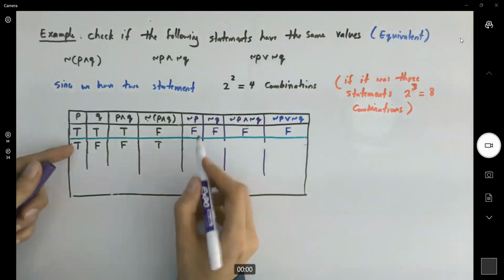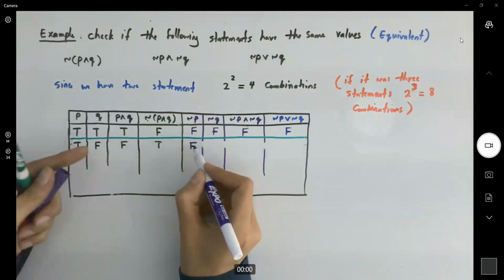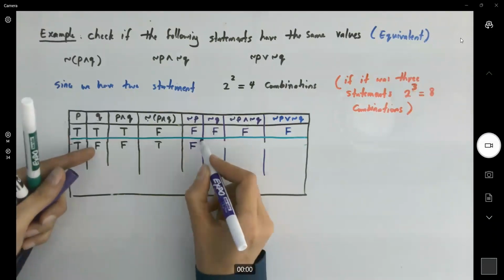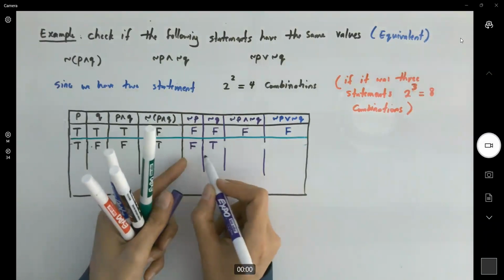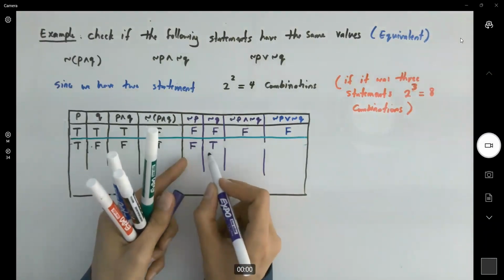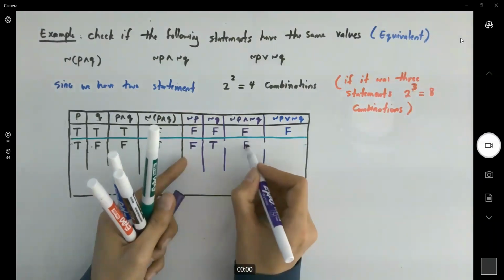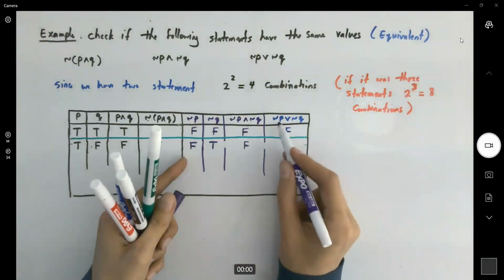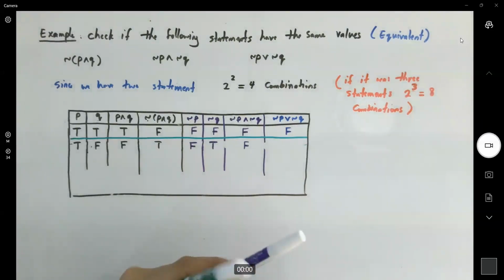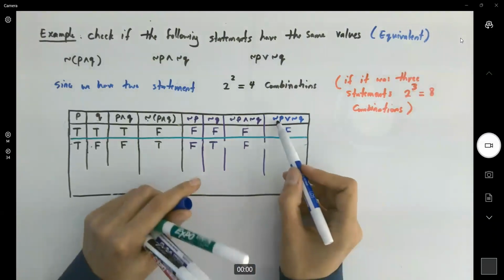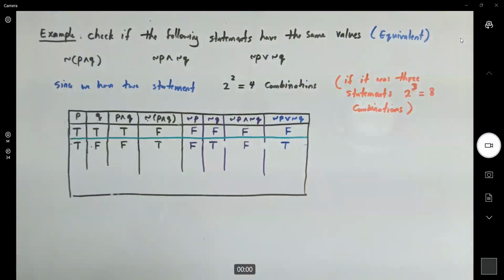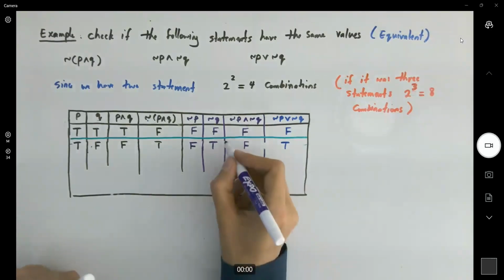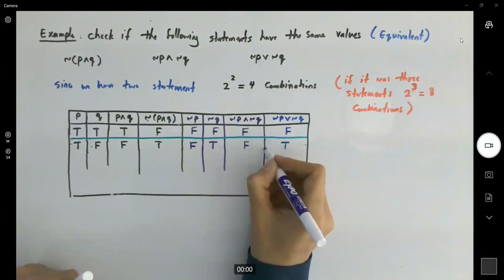P is true, not P is false. Q is false, not Q is true. Now we're working with these two. False and true is false. Now you have or: false or true is true. There we go. Next row.